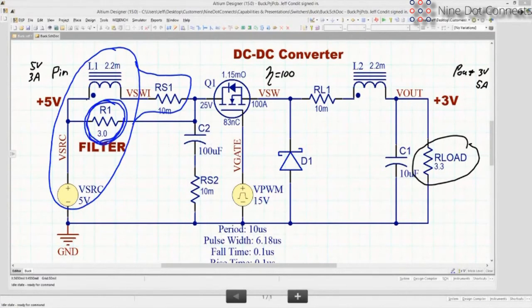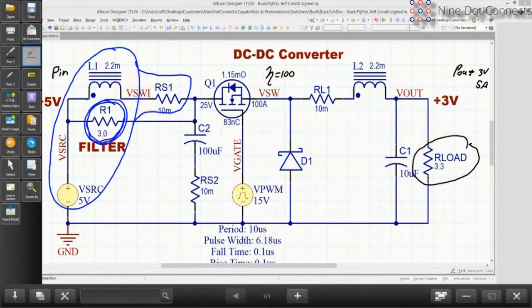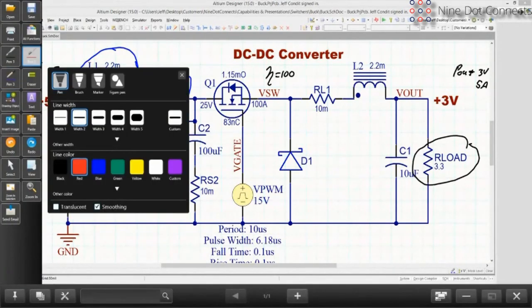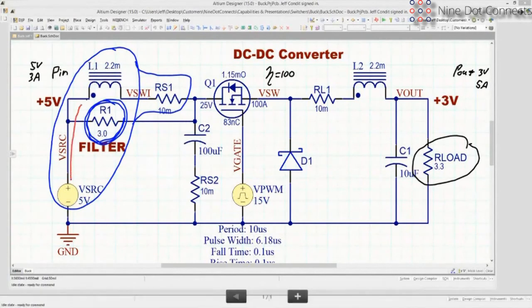What ends up happening is current flows out of the source, through the inductor, and into the capacitor. And of course, as it's charging that, current also returns to the source. So this capacitor, C2, charges up.